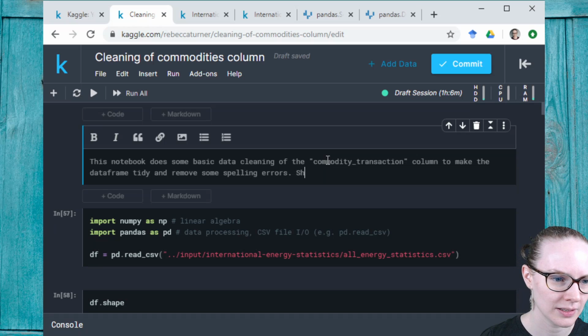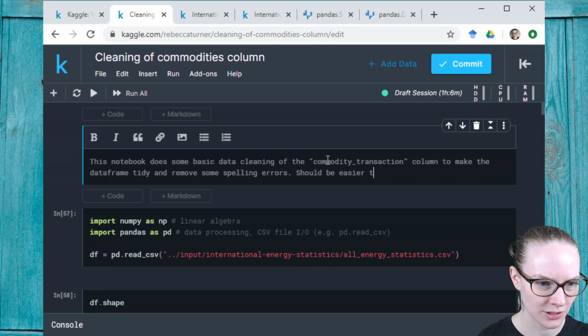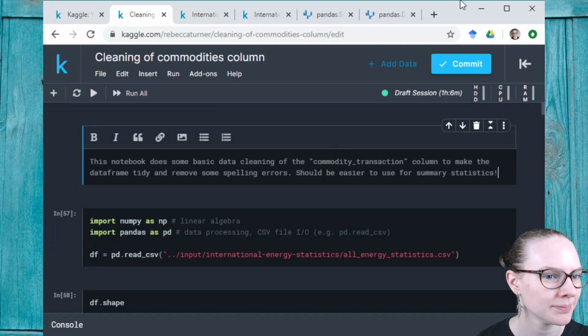Should be easier to use for summary statistics.